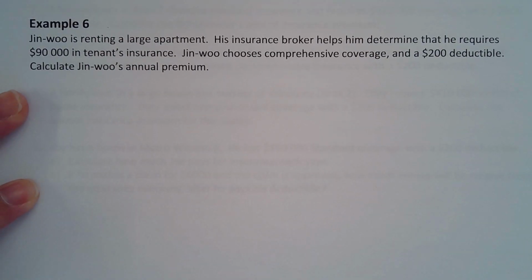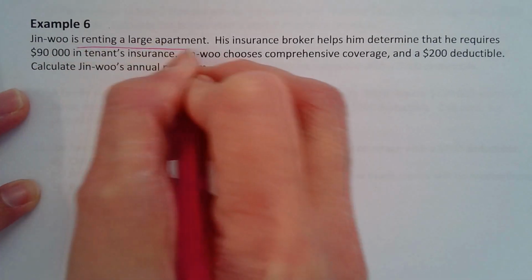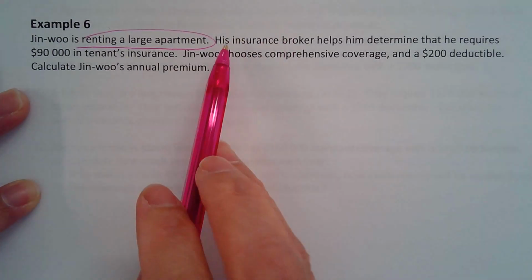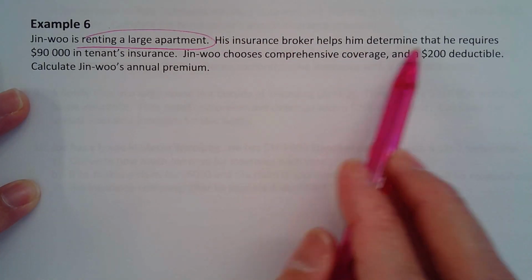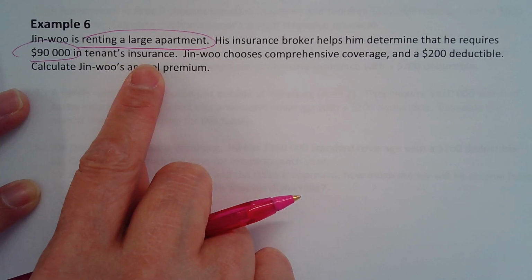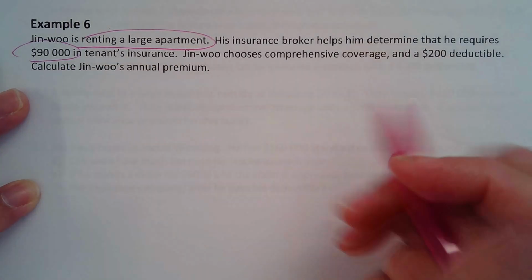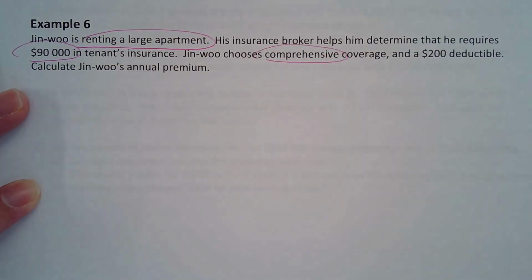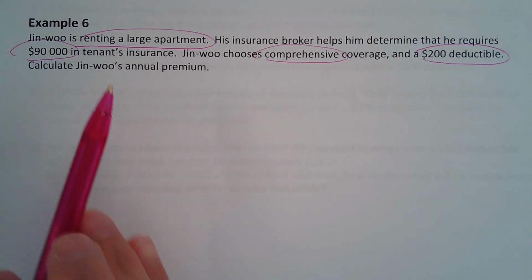Okay? Jin Woo is renting an apartment. Okay, renting again. His insurance broker helps him to determine that he requires $90,000 in tenant insurance. Jin Woo chooses comprehensive, $200 deductible. Okay, what's our thing?